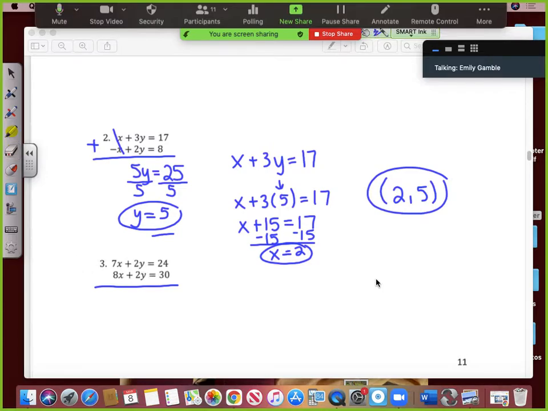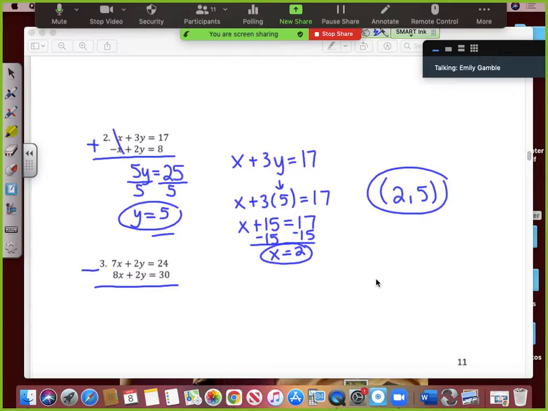If I take this system of equations and I actually subtract the first one minus the second one, then I will also be able to eliminate a variable, because the two y's there, 2y on the top and 2y on the bottom, will cancel out with subtraction. So the elimination process allows you to take equations and either add them or subtract them to cancel out variables.